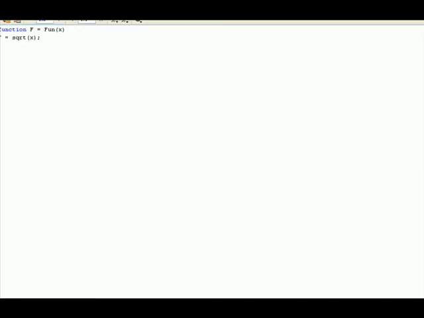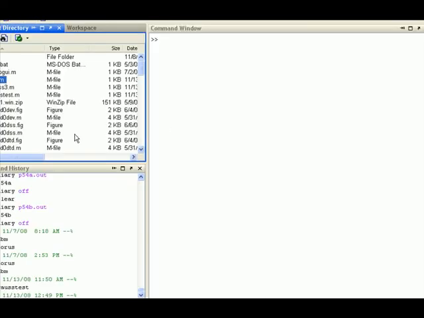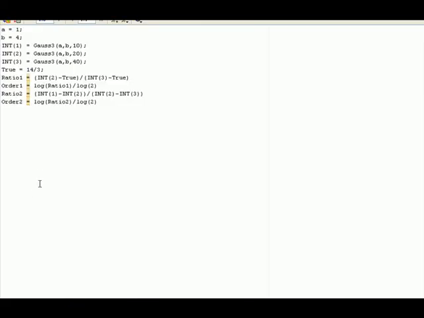We're going to test it on the square root function. Our function is simply the square root of x, and we're going to integrate between 1 and 4. So we're going to call our Gauss 3 routine and integrate the square root from 1 to 4. We'll do it with n equal to 10, 20, and 40, so h is being cut by a factor of 2 each time.